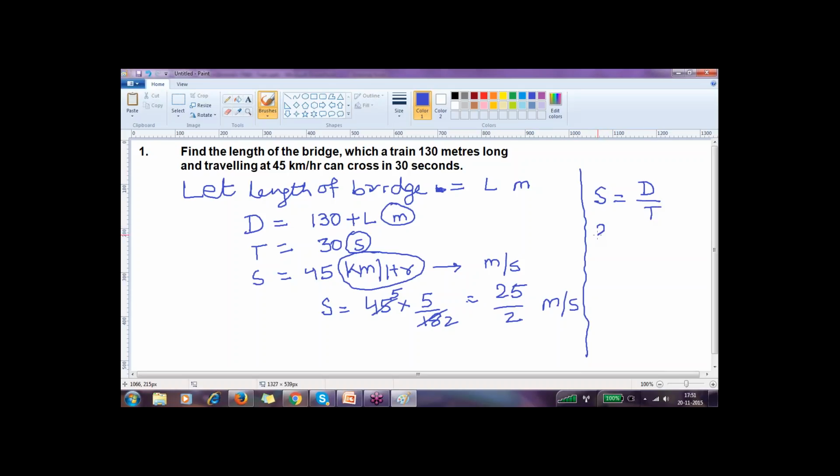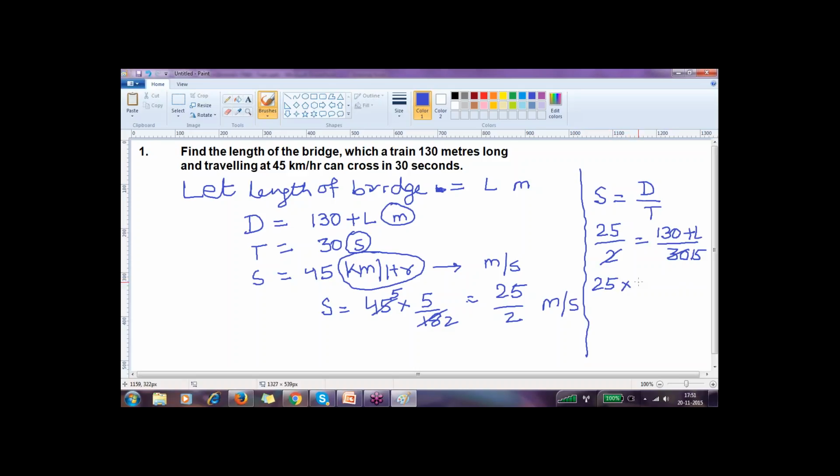S is 25 by 2 is equal to distance is 130 plus L by how much? 30. Time is 30 seconds. Right? Now I just start simplifying.